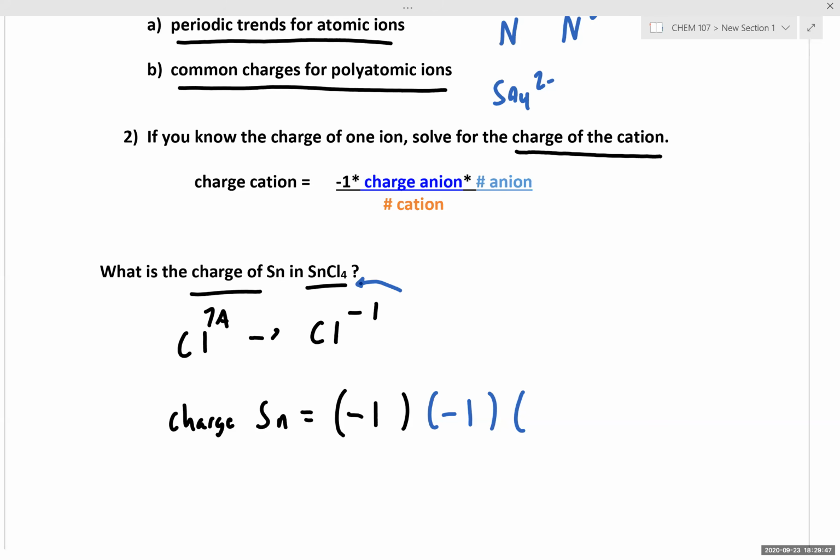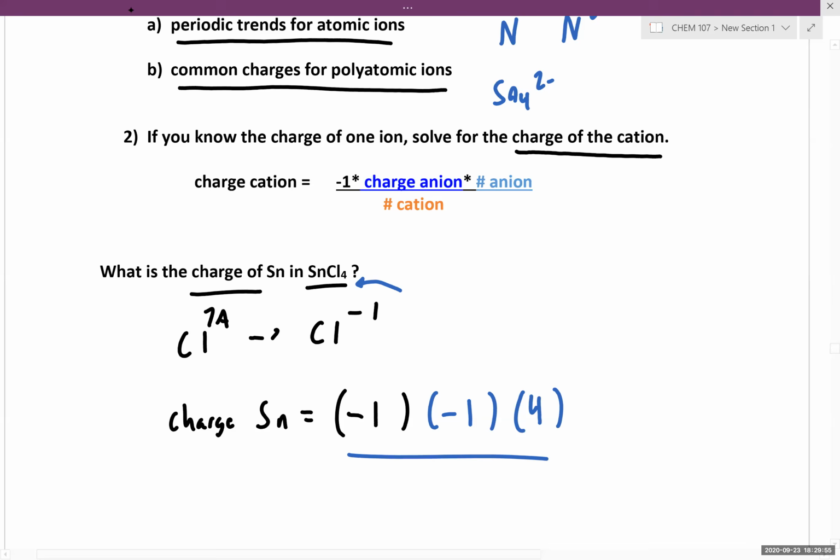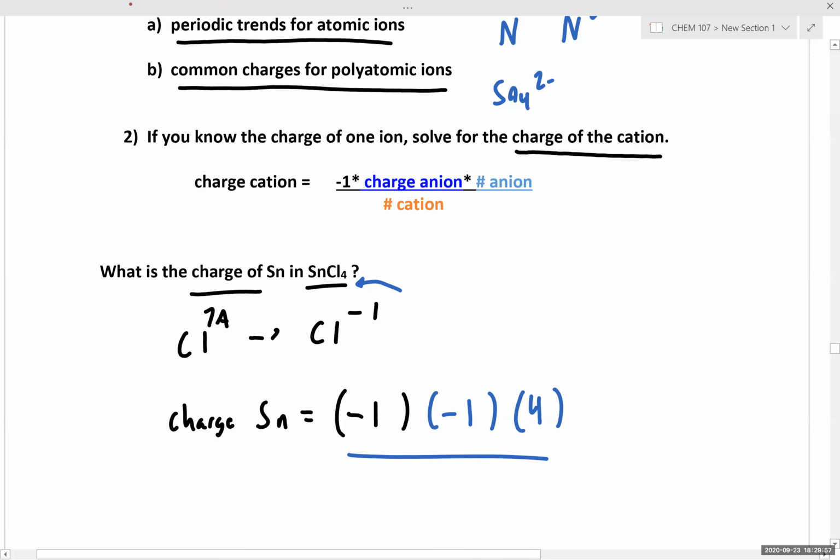We have 4. So we multiply by 4, then we divide by the number of tin ions. And how many tin ions do we have? 1. So that gives us a charge for tin of +4.